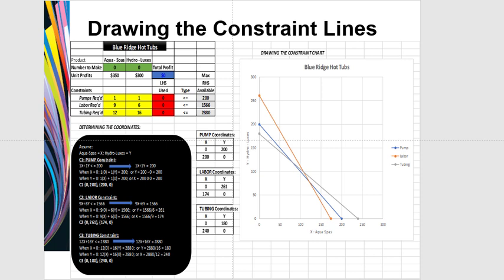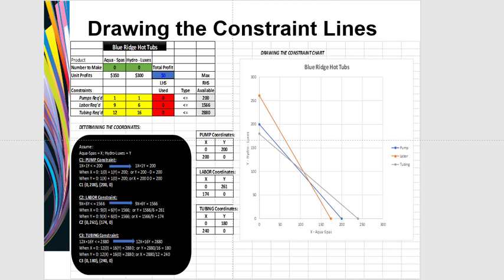This is the point here. When x is 0 and you substitute the value of 0 there, what is y? When x is 0, then y will be 200 minus 0, which is equal to 200. So the first point: when x is 0, y is 200. And then to determine the second coordinate to draw the line, you now assume, what if y is 0?